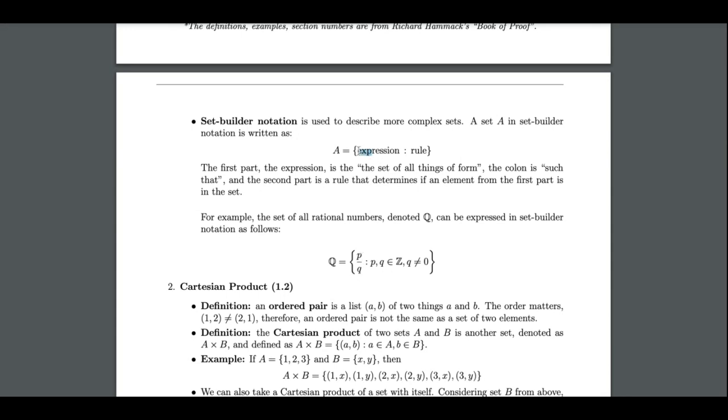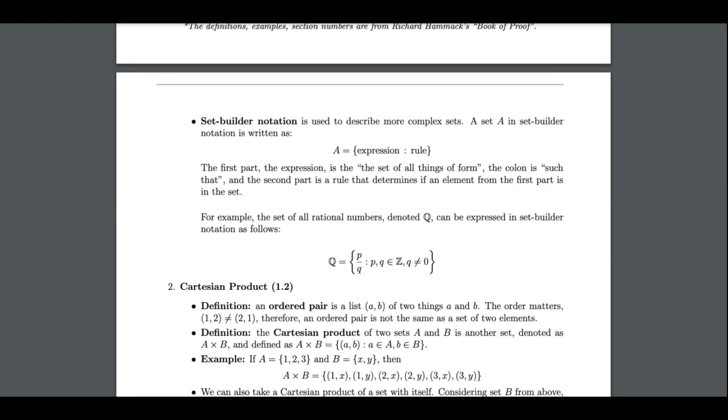So the definition of a rational number is an integer divided by another integer. So we would have this expression. Rational numbers is a set. The expression we use is P divided by Q. Then with a colon, now we define P and Q. P and Q are integers, and we require Q not to be 0 because Q is a denominator.